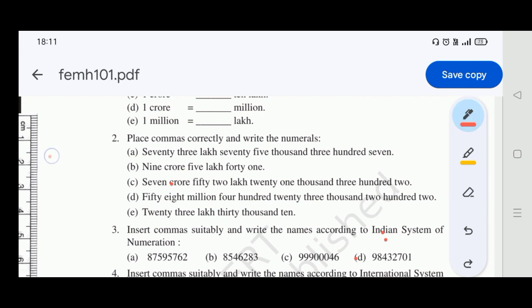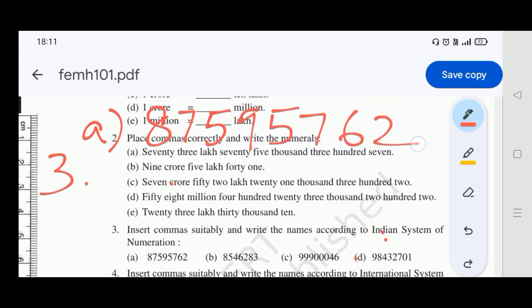Moving on to the third question. In the A part, insert commas suitably and write the names according to the Indian system of numeration. The number is 87595762.